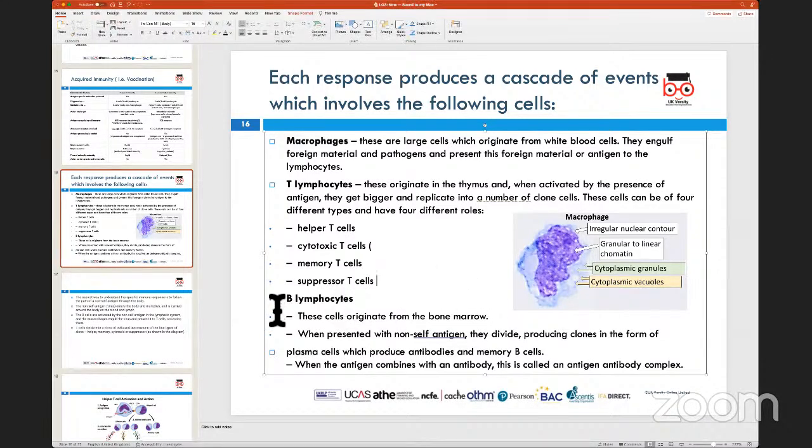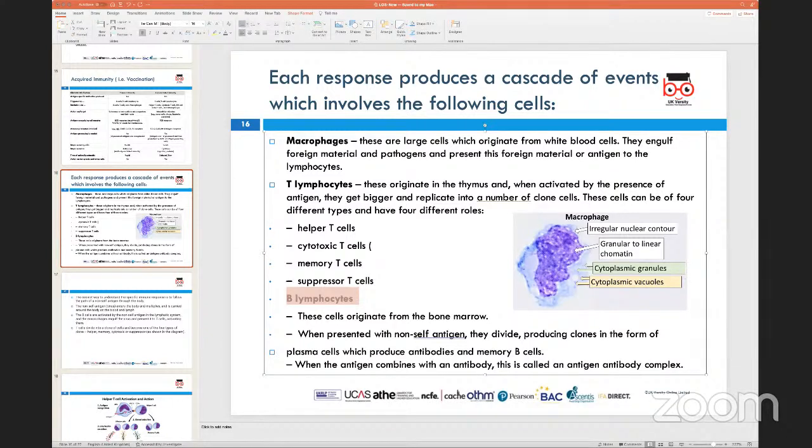Now, when we talk about the two types of immunity, we also look at what are called humoral immunity and cell-mediated immunity. We also talk about the B lymphocytes, and their functions in particular. B lymphocytes are basically the B cells, just as T lymphocytes are basically the T cells.